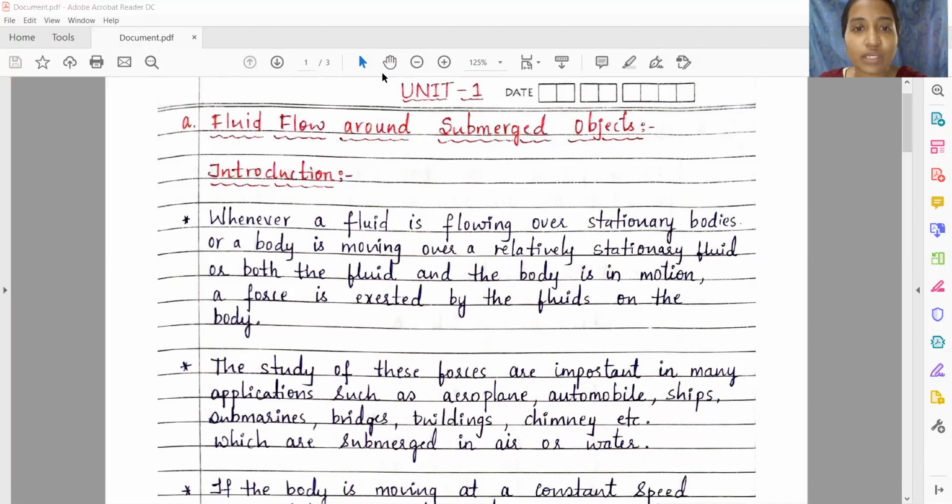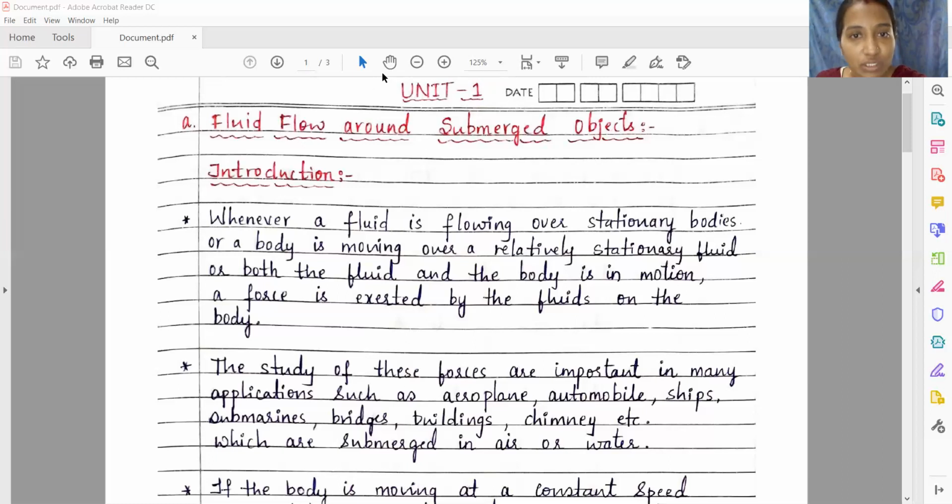It will start moving some distance, and then, due to the uplift pressure of the wind, the aeroplane is lifted up. That is called lift. So the movement from the start till the lifting point is what we call drag, and the place where it starts lifting up is called the lifting force.